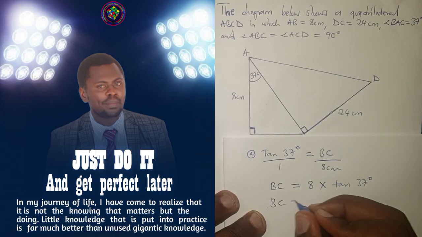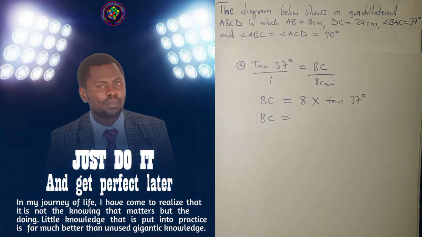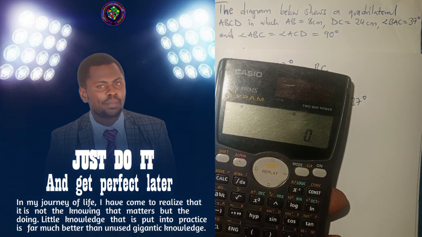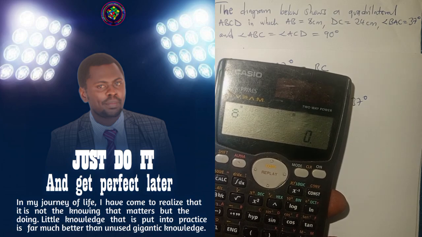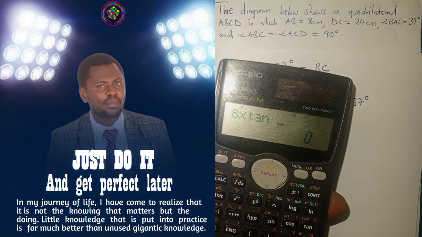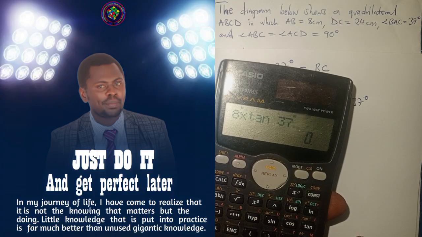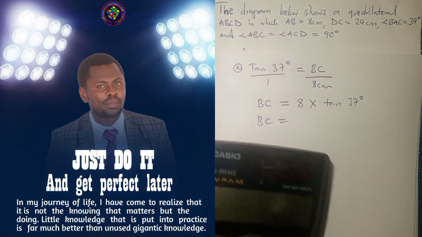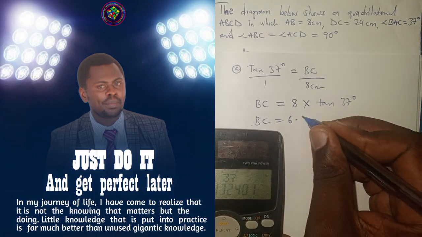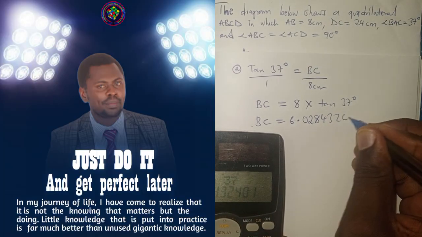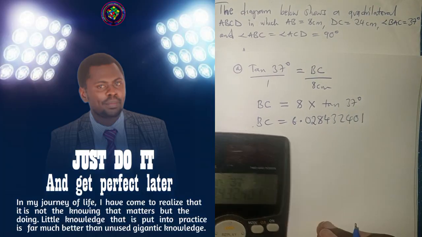So BC is equal to, what is 8 multiplied by tan 37? We are going to use a calculator. So we say 8 multiplied by tan 37. This is equal to 6.028432401.